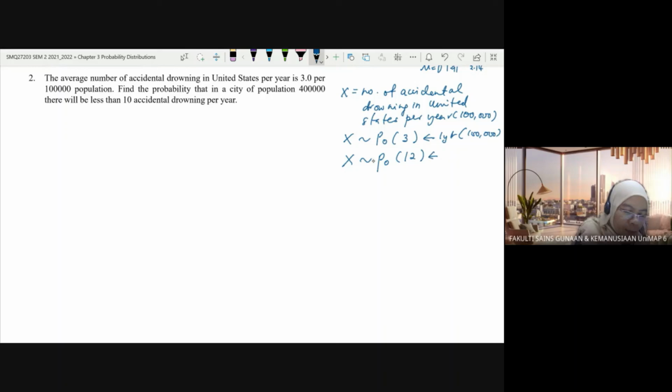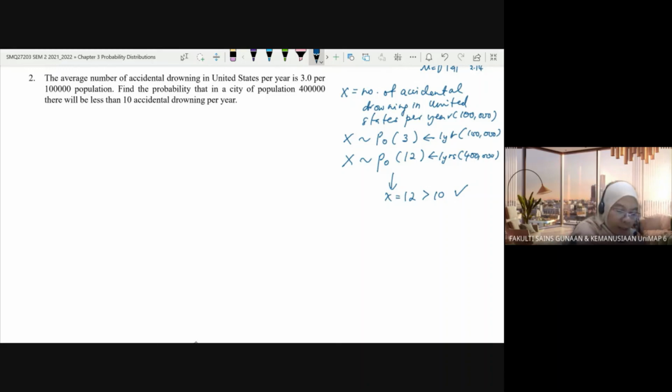That will be again for 1 year, and that will be 400,000 population. Okay, so in this case, when you see the lambda is equal to 12, which is greater than 10, so the criteria to be using the normal approximation is fulfilled.